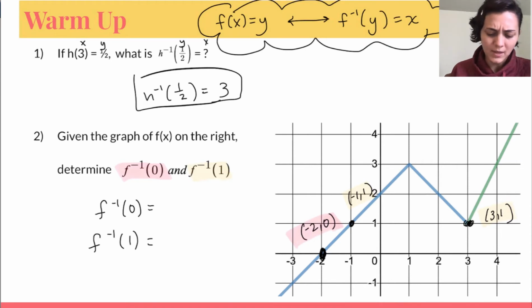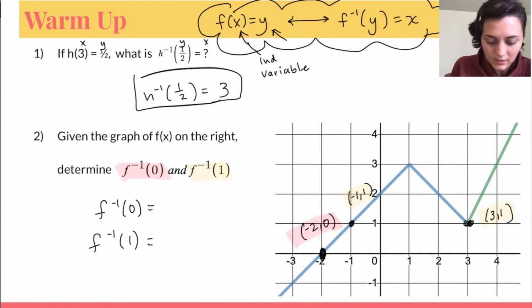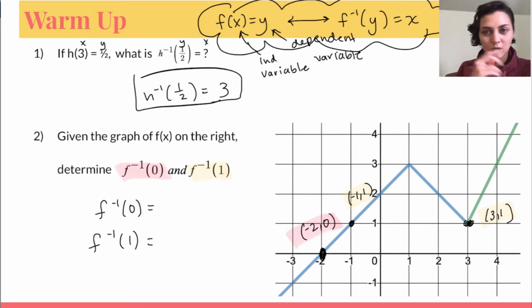Just a reminder with your vocabulary, x is your independent variable, right? And then y is your dependent variable. The inverse switches those two things. So we're going to be using this concept for the whole lesson today. Make sure you write that down and you understand what is happening there.